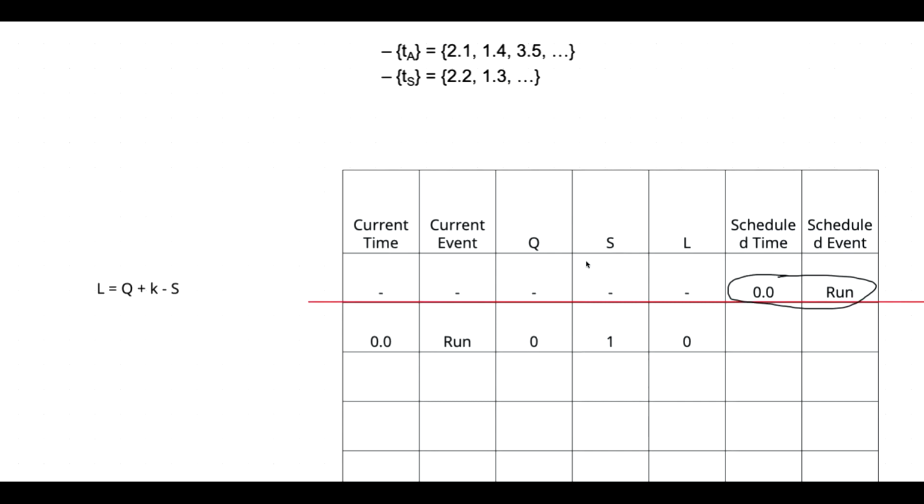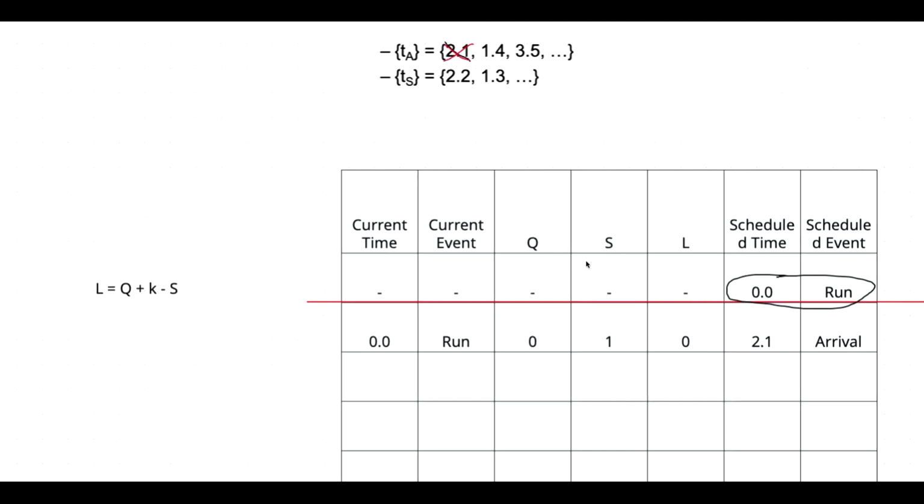So at time 0 plus 2.1, we have an arrival. And we've now used up this value, in red just to emphasize it. Okay, so we've used that value up. And that is the end of the iteration, by the way. We just schedule the arrival, that's it.